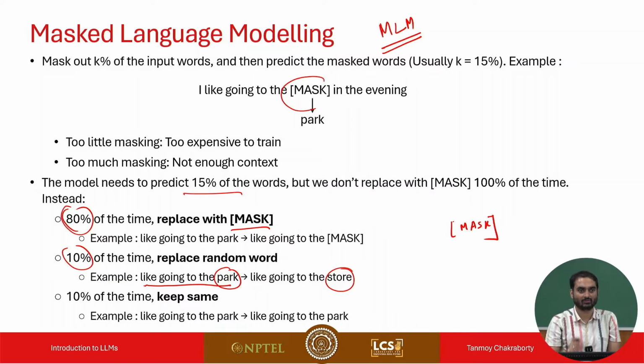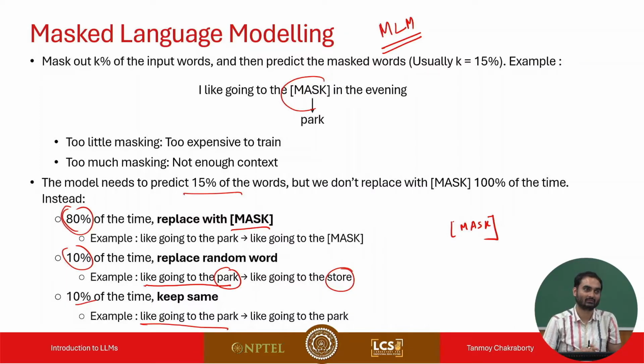This is some sort of corruption. And 10% of the time you don't make any change, but still you let the model predict it. Your input is going to the park, and you let the model predict the word park.